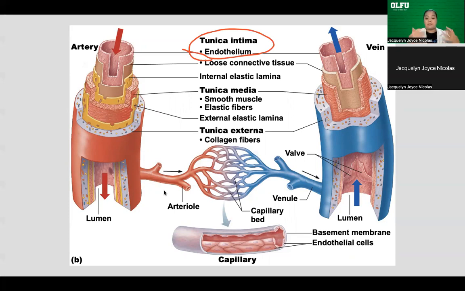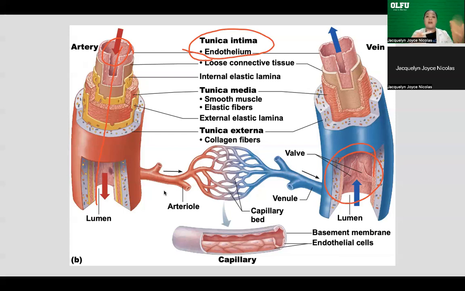If you can see, the tunica intima of the artery is just straight, while the tunica intima of our vein has what we call valves. Because again, the blood flow inside the artery is different from the blood flow inside the vein. The blood in the artery flows in a high pressure environment, while there is very low pressure in the vein.